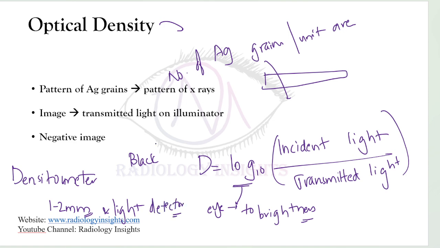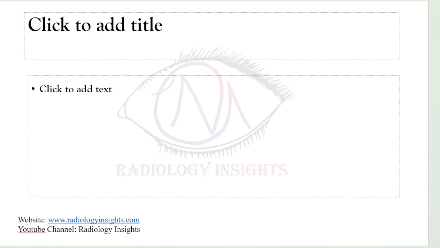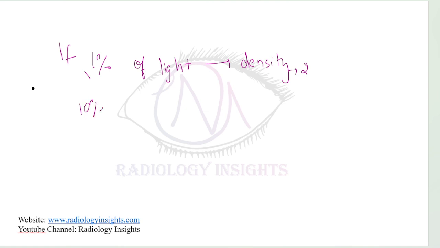From the definition, it can be deduced that if 1% of light is transmitted, then the density of the film will be 2. If 10% of light is transmitted, then the density will be 1. The density of a completely transparent film, in which all light is transmitted, is 0.